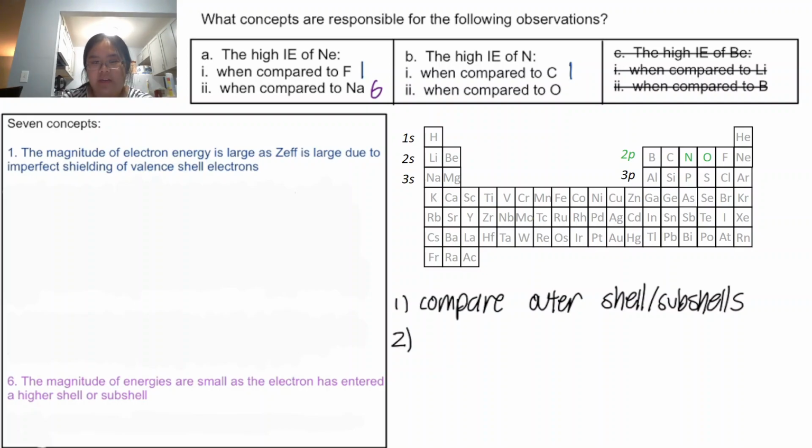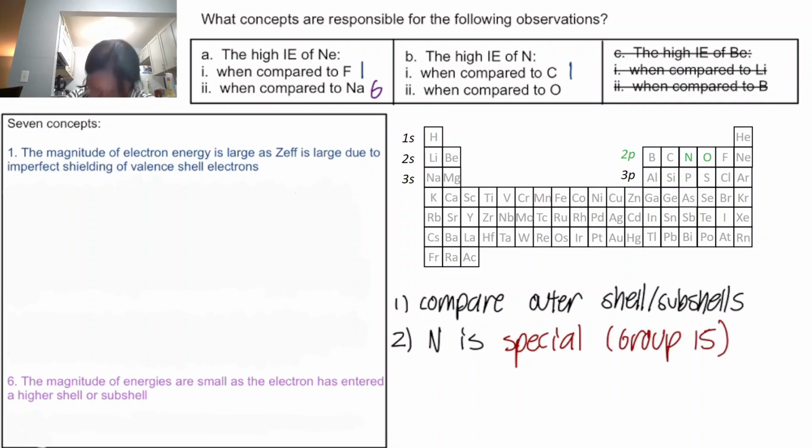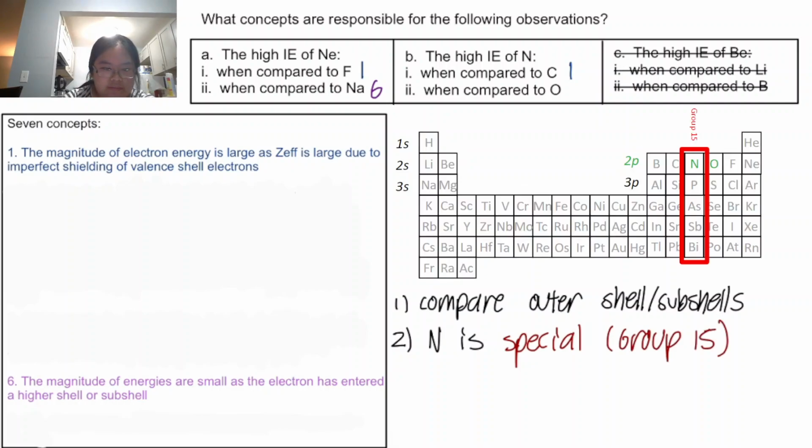And you might be tempted to compare the imperfect shielding of nitrogen and oxygen, because that's what we've been doing in the past few parts. But you have to realize that nitrogen is special because it is a group 15 element. And group 15 elements require special consideration.